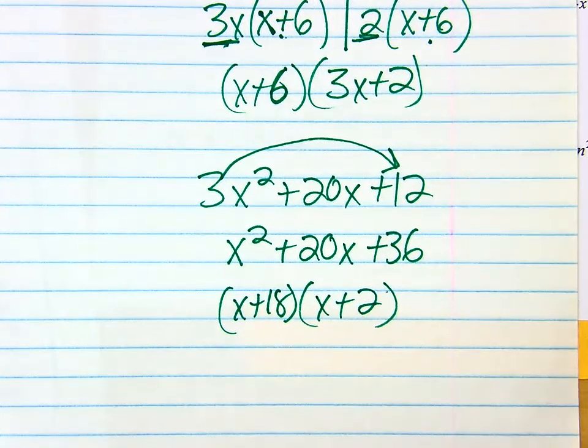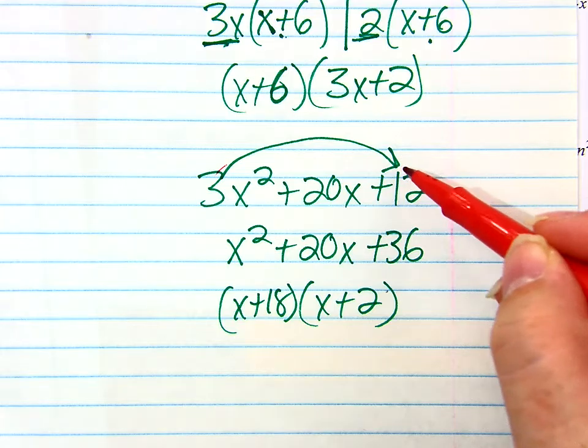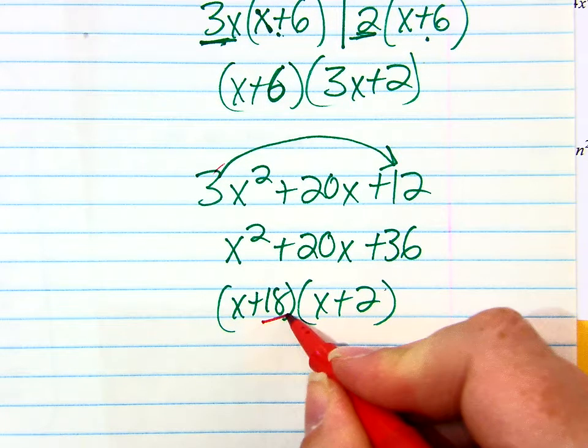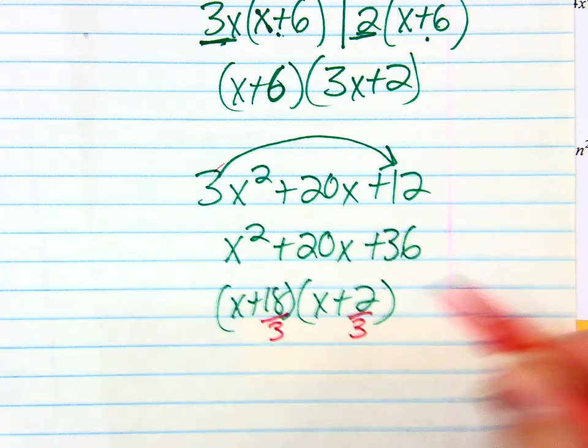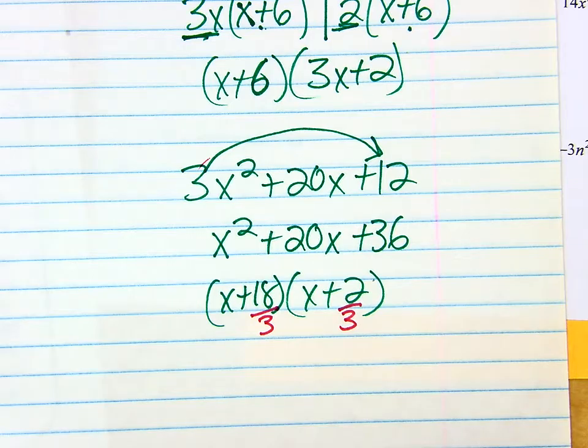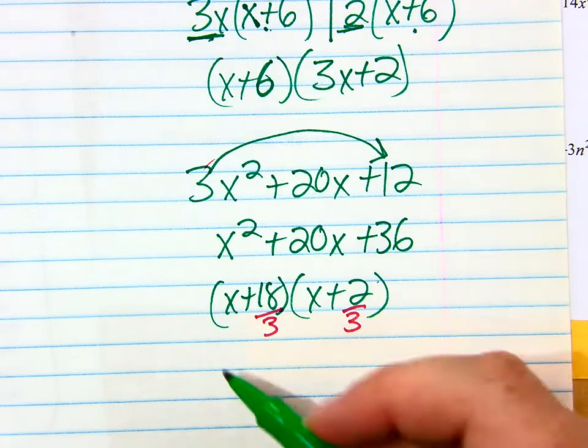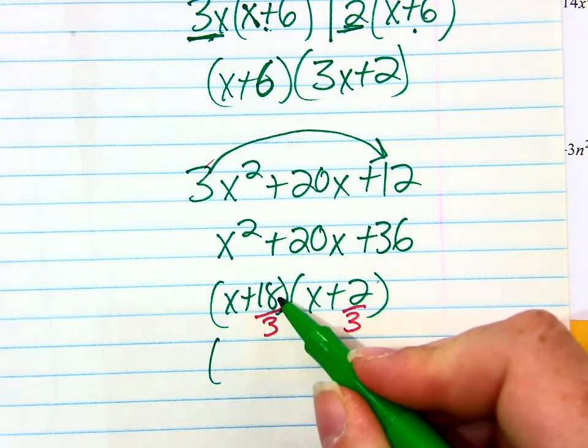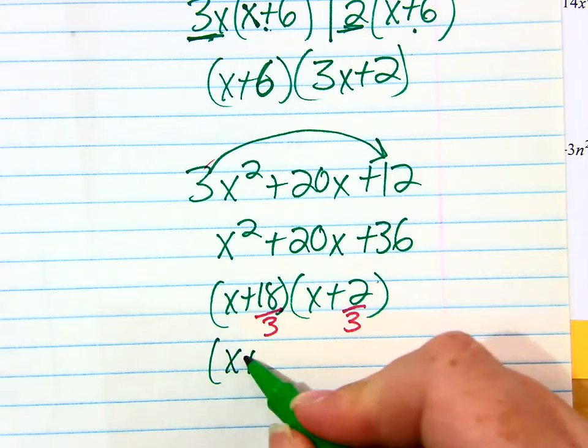Here's the one downside with this, is that kids always forget to do this next step. They stop right here. They think that they're done. You're not done. Since you multiplied by 3 in the beginning, you now have to sneak in and divide both of these things by 3. Have to. So, 18 over 3 is just 6.